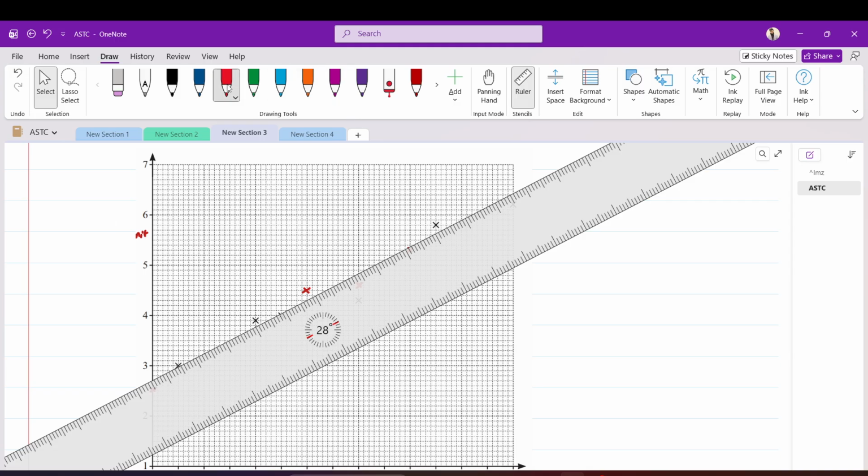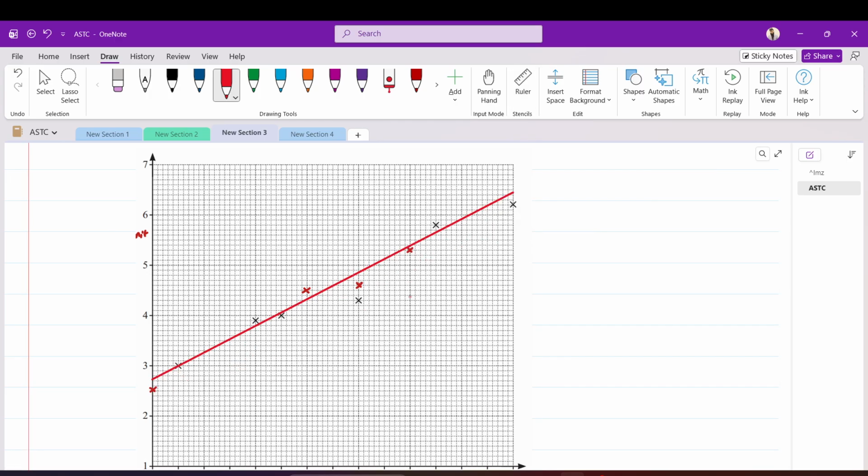Okay, so that's my straight line. It does not pass through all of them, but the distance between different points and the line is not too much, except for this one, because this one is quite far. Maybe it's an anomalous point, we don't know that. Okay, but this is the straight line of best fit, and it must be drawn with a ruler.